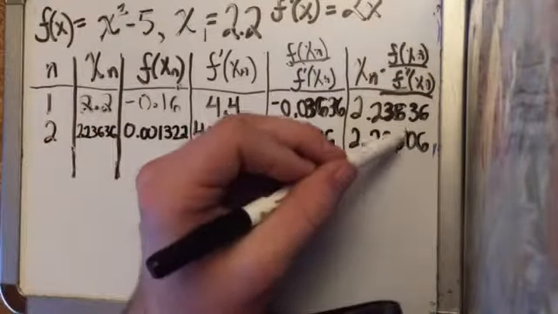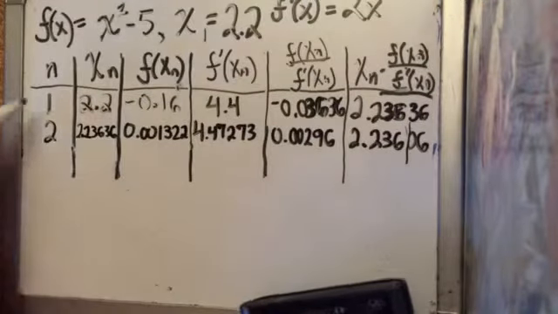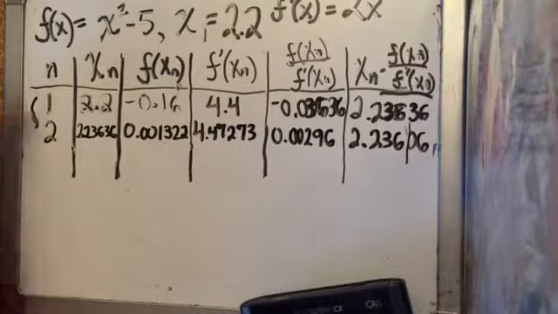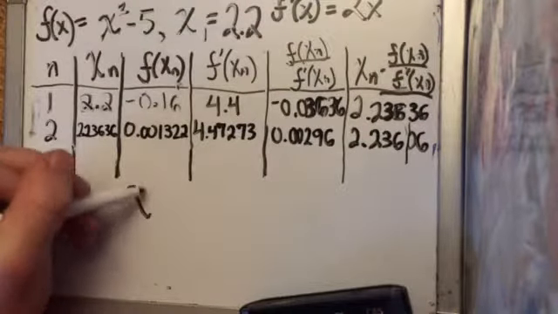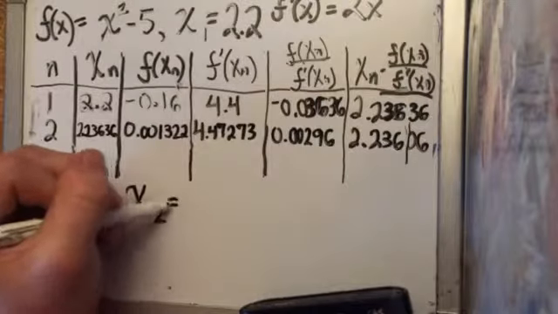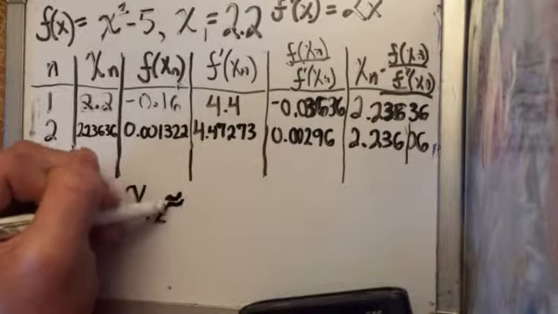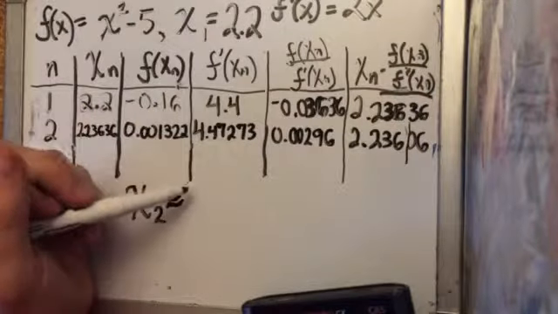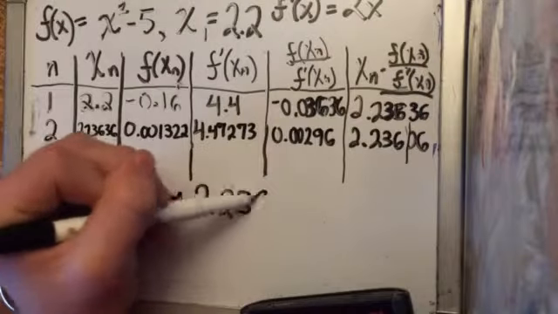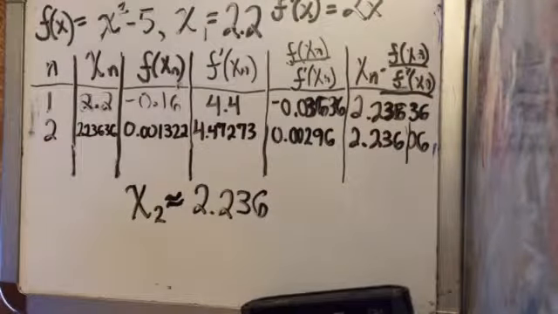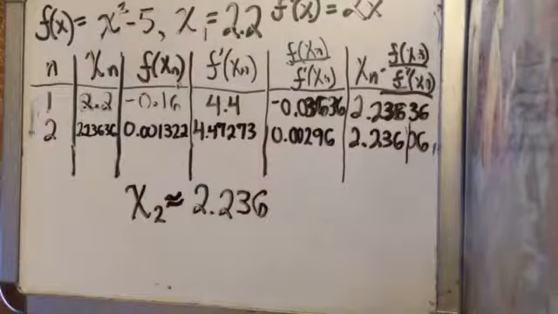We're going to cut it off after the third decimal. And we already did 2 iterations. The number right here will tell you how many iterations you've done. And so we'll say x sub 2 equals 2.236. And that is all that is necessary.